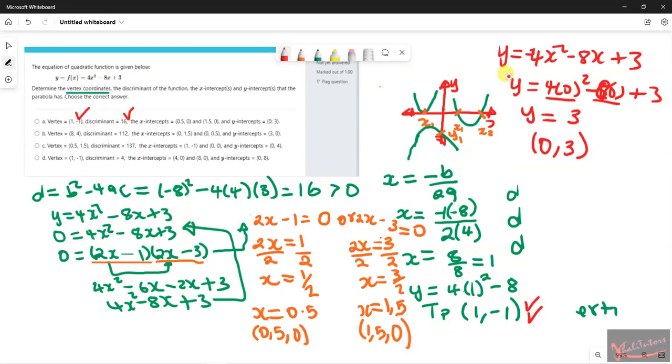Then the x-intercepts, we have 0.5 and 1.5. So this one is correct. And lastly, the y-intercept is this one. So the correct answer for this question is this one here.